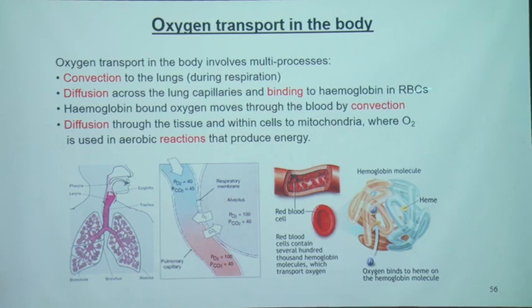So we have convective transport. Then when it reaches the tissue level, you have diffusion through the tissues, within the cells, to the mitochondria, and then oxygen is used in aerobic reactions that produce energy.